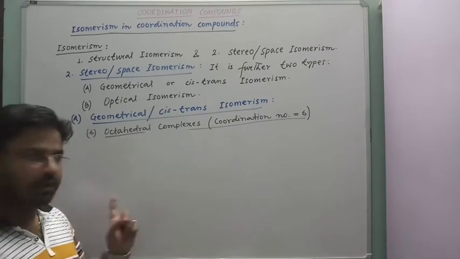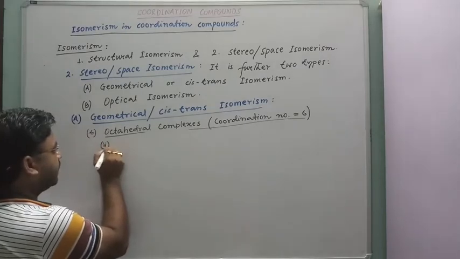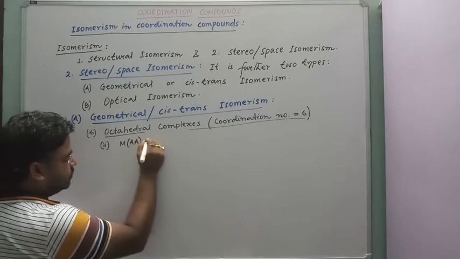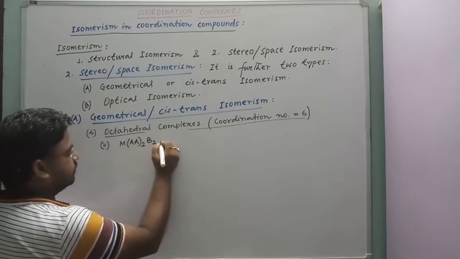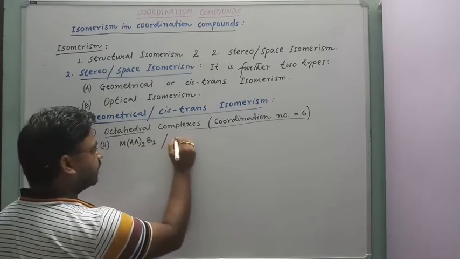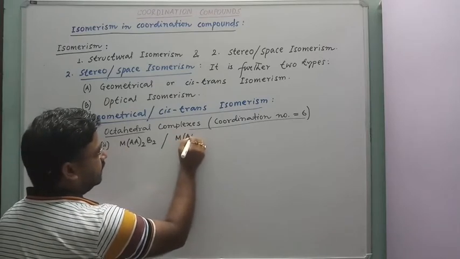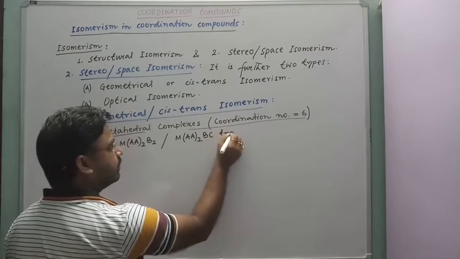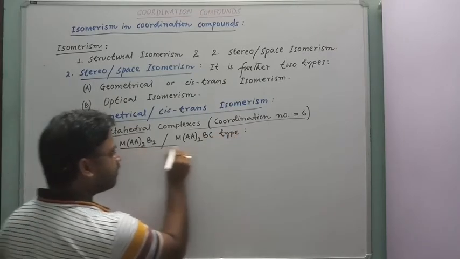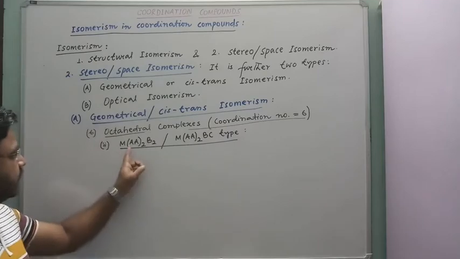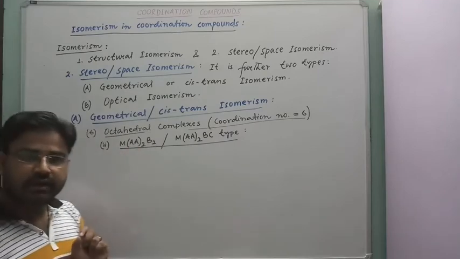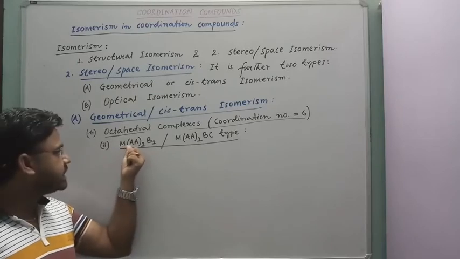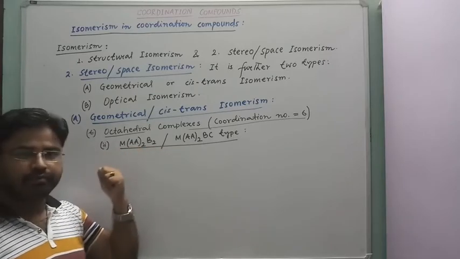Next, number 2, MAA2B2 or MAA2BC type. So AA is a didentate ligand which has the same donor atom.